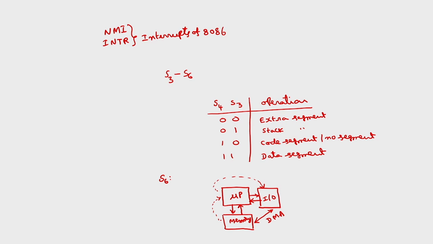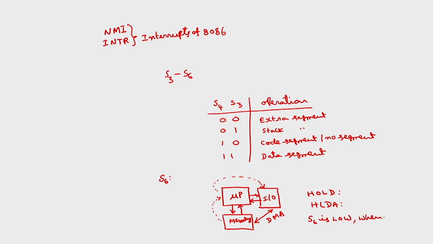For that, the memory requests the buses of the microprocessor through the hold signal, and the microprocessor acknowledges with hold acknowledge, HLDA, and transfers the control to the memory. During this, signal S6 is normally low, which means logic 0.